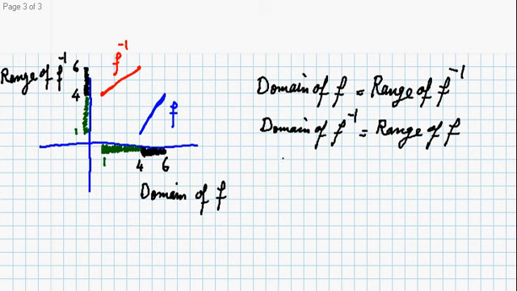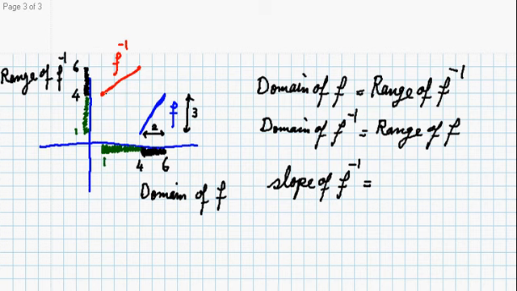Another observation that's easy to see on this picture is that slope of f and f inverse are obviously connected. If you look at f, the rise of this is 3 and the run of it is 2. That's right. From here to here is 3 and here the run is 2.